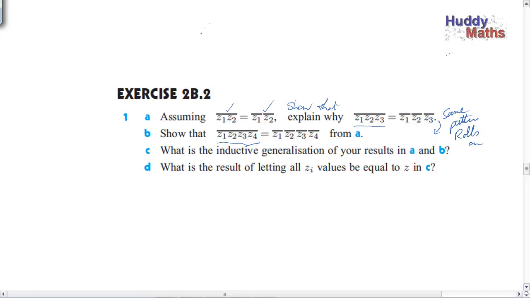Okay, because that's the only way people are going to believe it's going to keep going for all n. It is a proof. And you might say, well, how is it by induction? Isn't induction using examples? Yes, it is, but the examples are n equals 2, not particular examples in complex numbers.